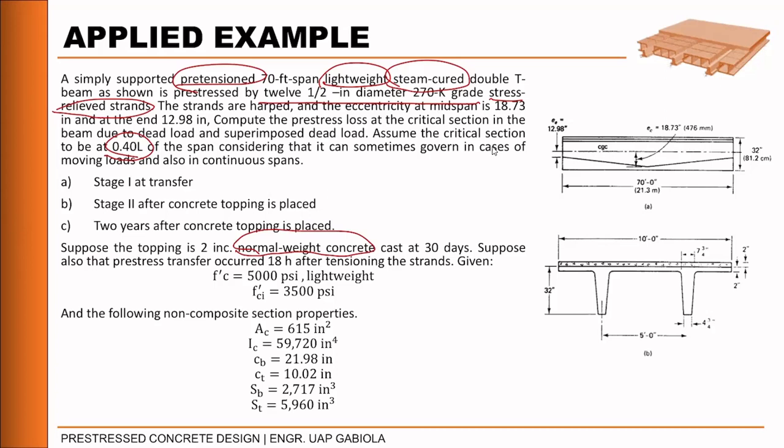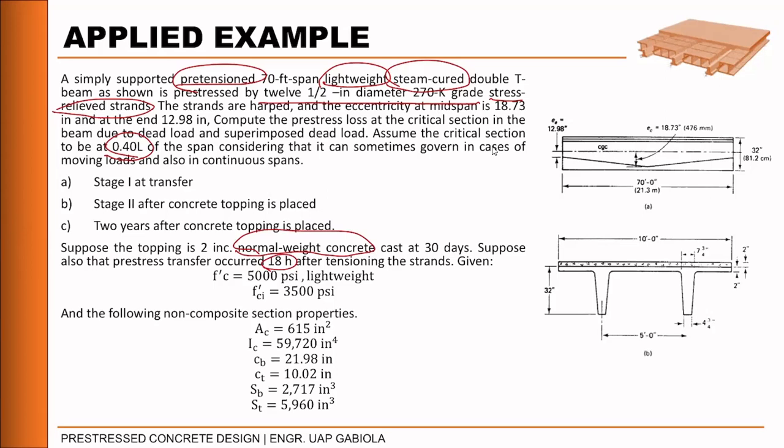Ah, para yung mga awang sa bawat bridge is mawala ng awang, kaya nalagay ng slab agad. And then suppose also that the pre-stress transfer occurred 18 hours, ayan, 18 hours after tensioning of the strands, okay?